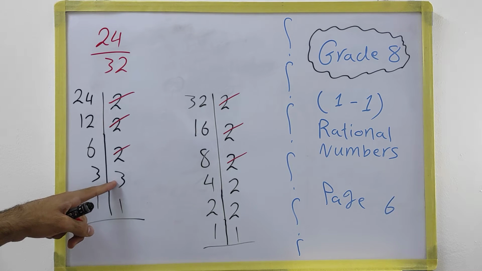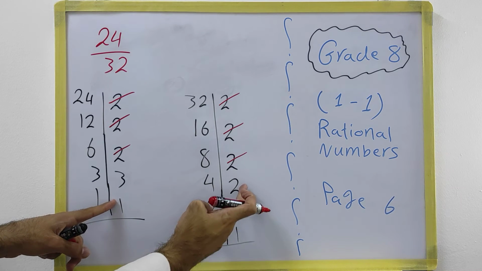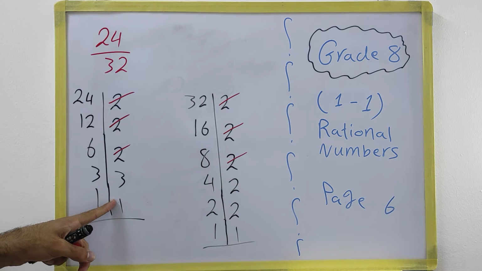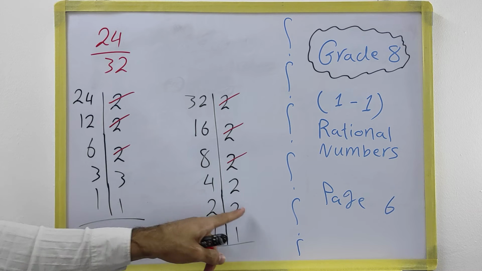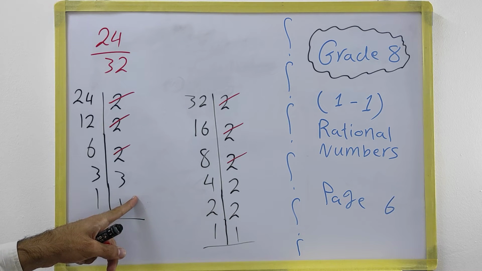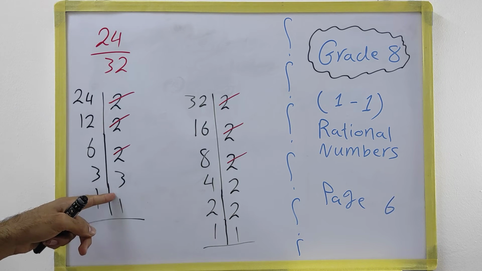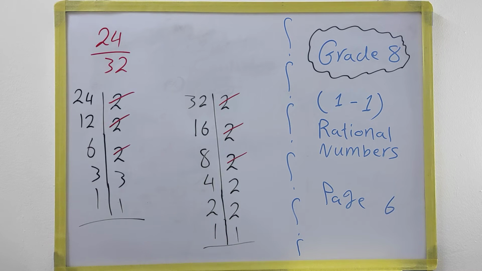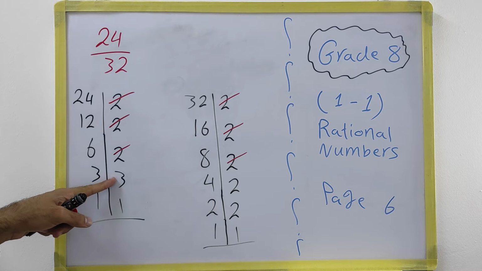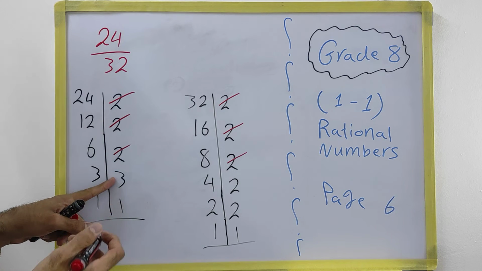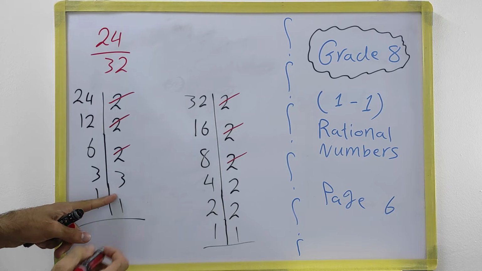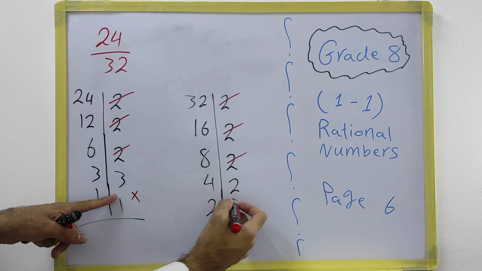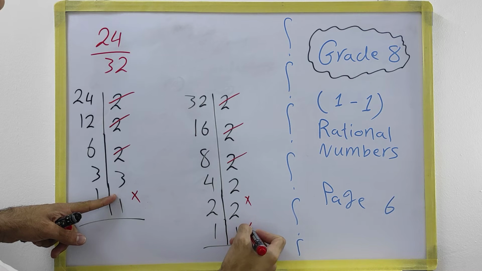At the end, here we have 3. Here we have 2, 2. We don't have common factors. Here we have 3, here we don't have 3. We have 2, we don't have 2 here. The remaining is 3, and the remaining is 2 and 2. At the end, what you have in the remaining, you always multiply all together.